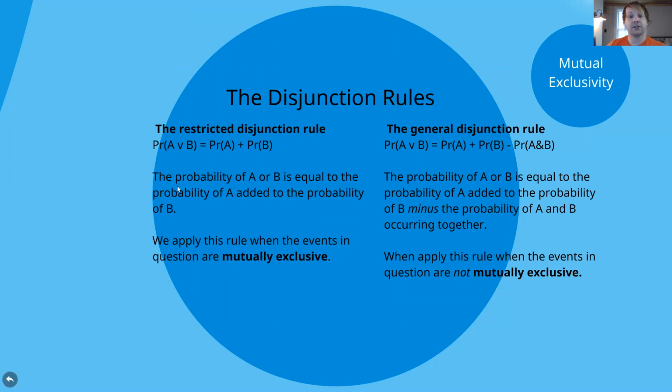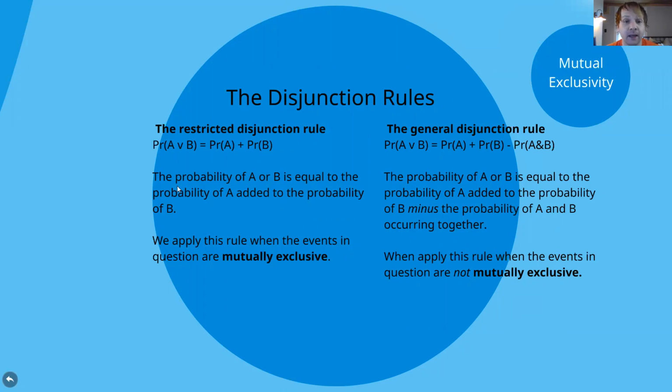Okay, and so just like the conjunction rules, these have specific contexts of application, and you need to be careful about what's going on in the problem so that you know exactly when you should apply the rule. So for example, the restricted disjunction rule applies when the events that we're talking about are mutually exclusive.